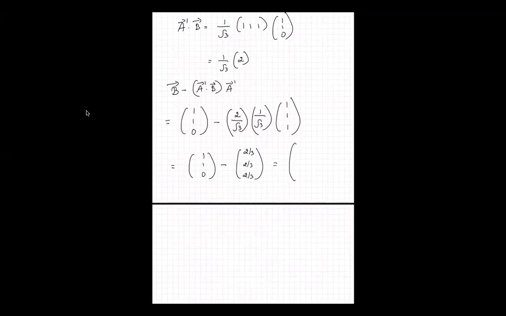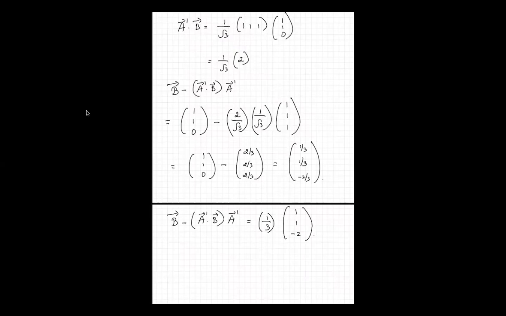So 1 minus 2/3 is 1/3, 1/3, and 0 minus 2/3 is minus 2/3. So the vector B minus A prime dot B times A prime is given by 1/3 times 1, 1, minus 2.